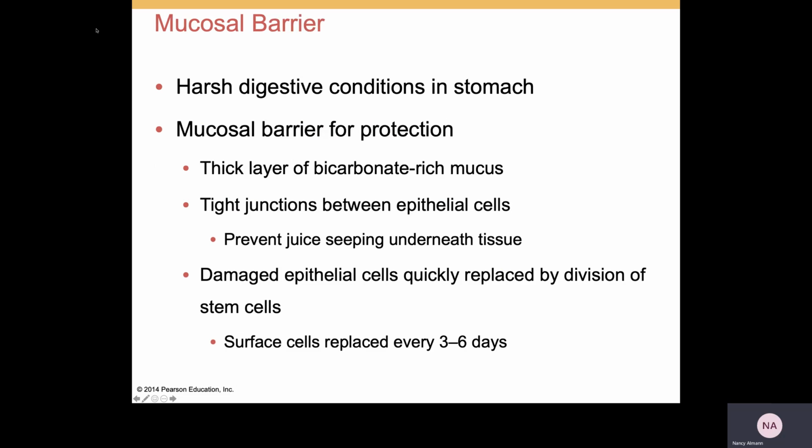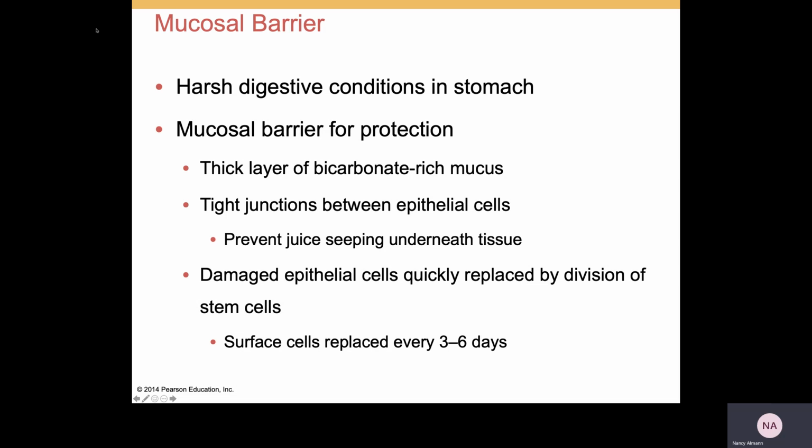Now, mucosal barrier. We've already talked about this, but let's talk about it again. The stomach has very harsh conditions because of the acidity of it. So we have those cells producing bicarbonate-rich mucus in order to protect the stomach walls.